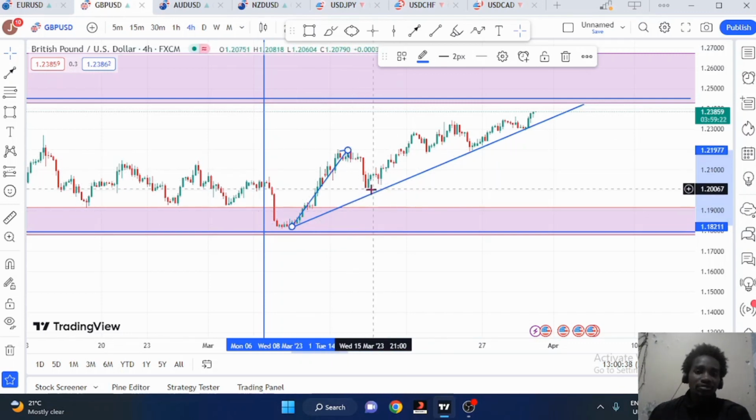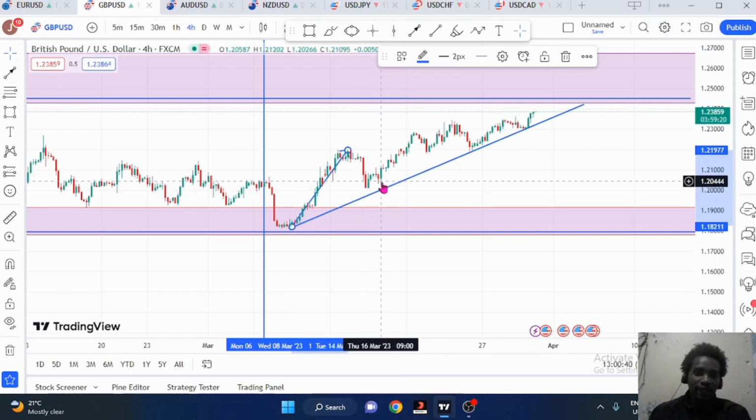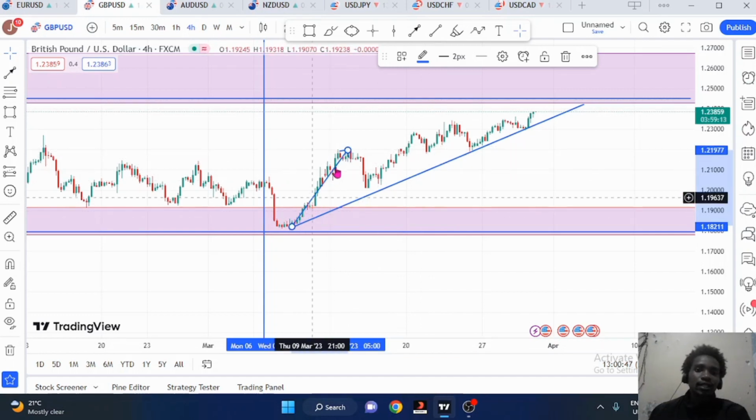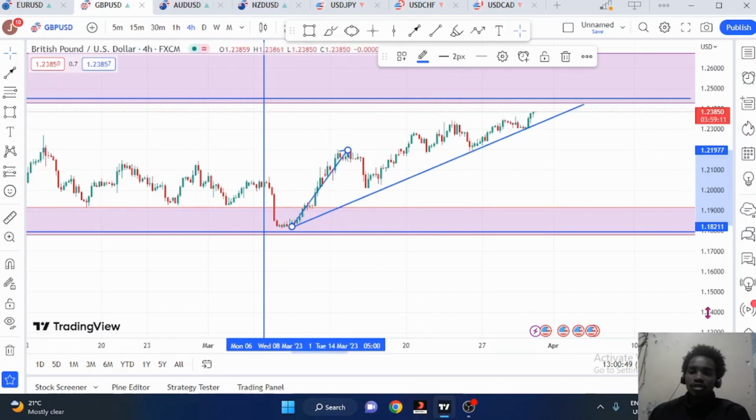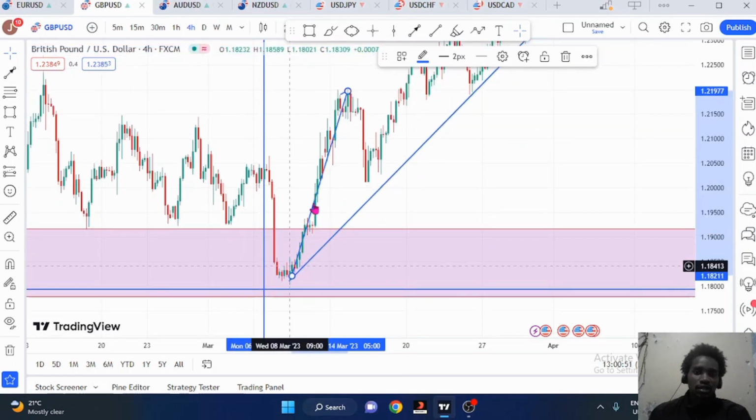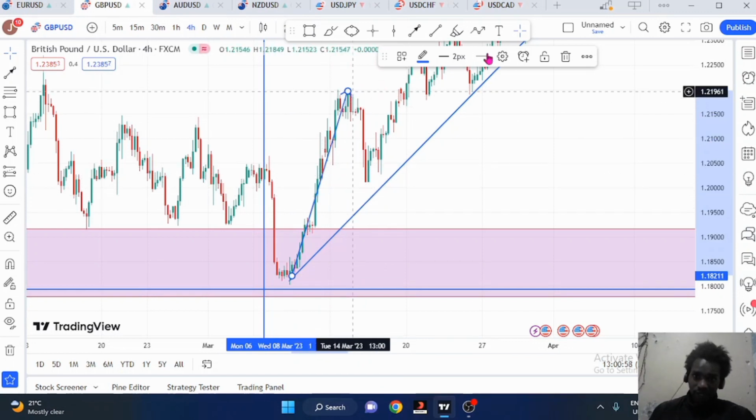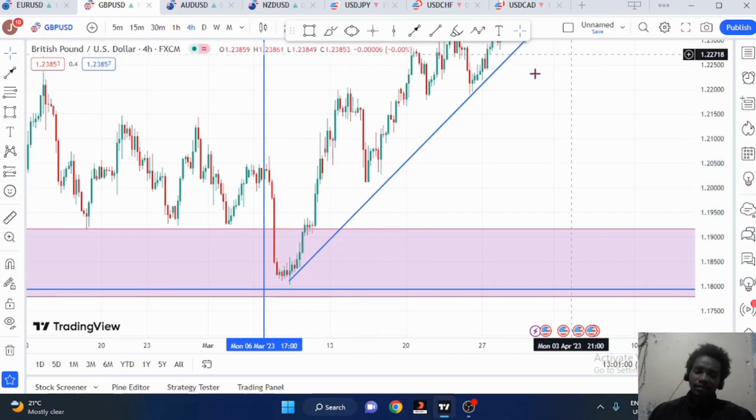How can you identify these zones for your entries? It is very simple. Identify a demand zone created in this move. In this move, can you see this high? Identify the demand zone created. How do you identify a demand zone?